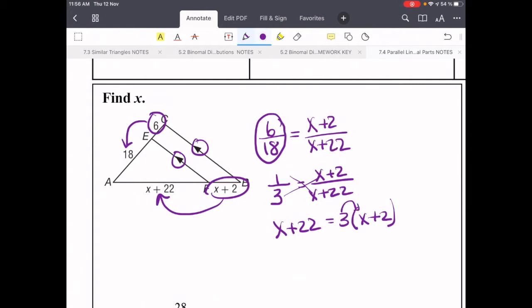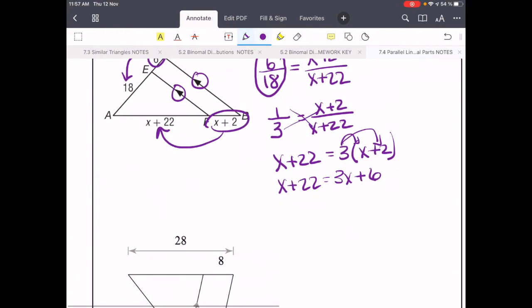We'll distribute that 3, so we get X plus 22 equals 3X plus 6. Subtract X from both sides and subtract 6 from both sides. So we get 2X equals 16. Divide both sides by 2 and X equals 8.